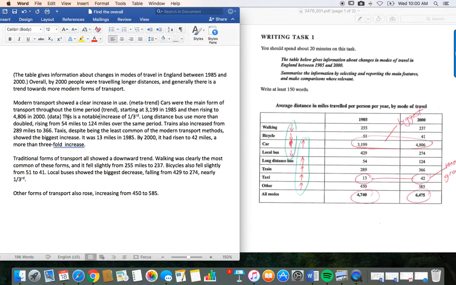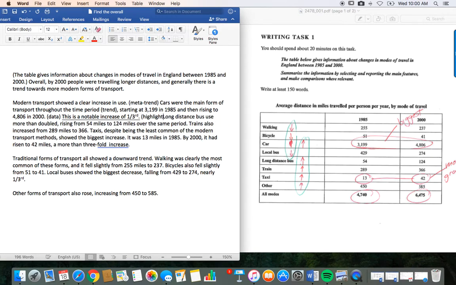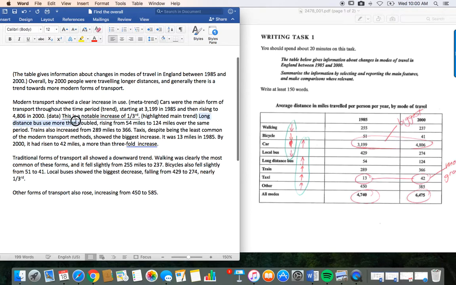Now, this is for those of you trying to get a high score. This is a notable increase of 1/3. All right, 30%, 33%, whatever it is. So I've not only given the trend and data, but I've highlighted main trend. Okay, really highlight that. Then long distance bus use more than doubled.